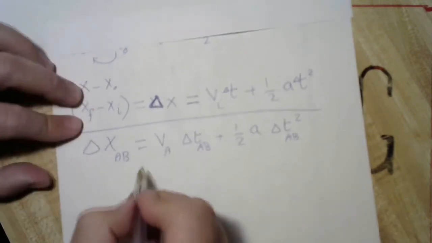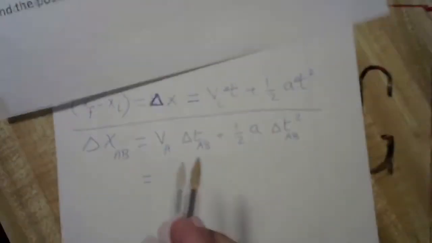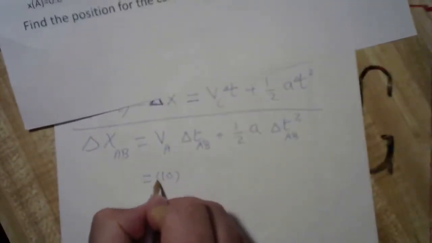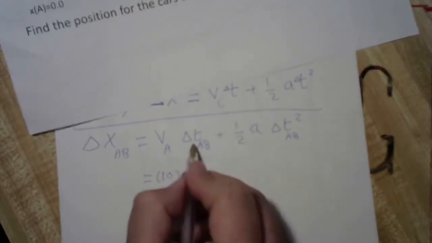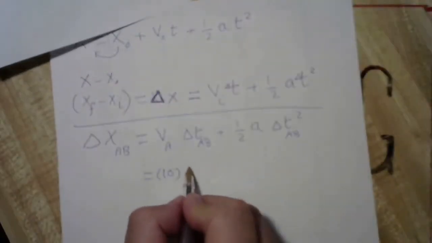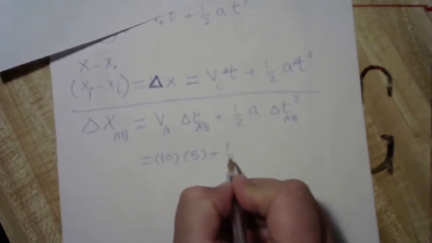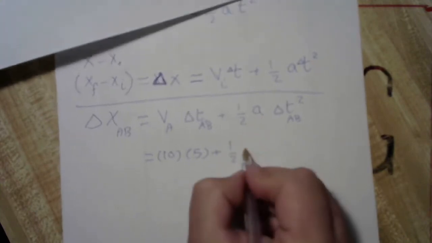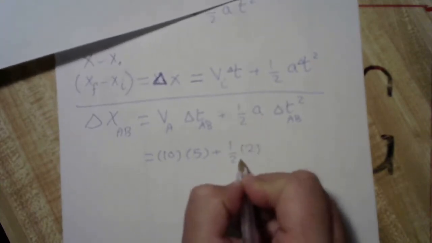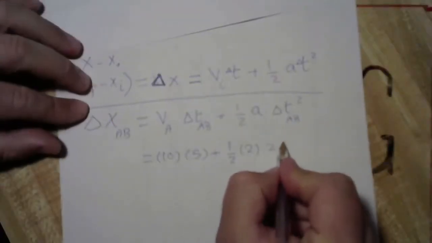Okay, v at A, if you remember, for the second car is 10 meters per second. Delta t from A to B is 5 seconds, from 0 to 5, plus half, the acceleration is 2. The time from A to B is 5, squared is 25.